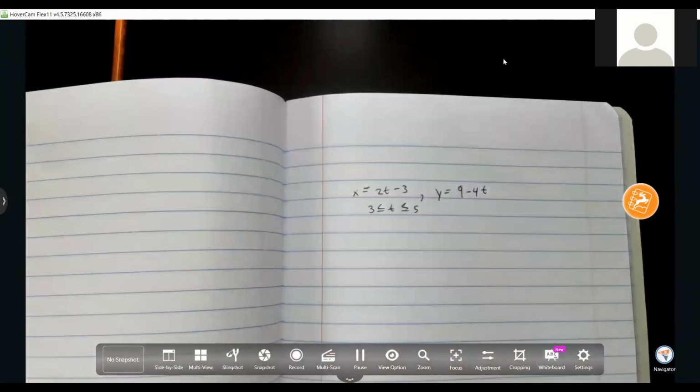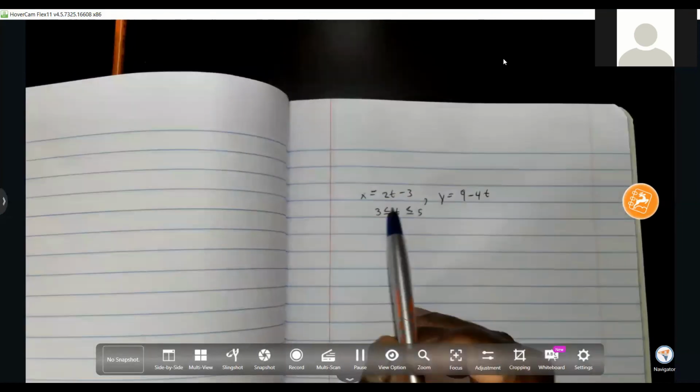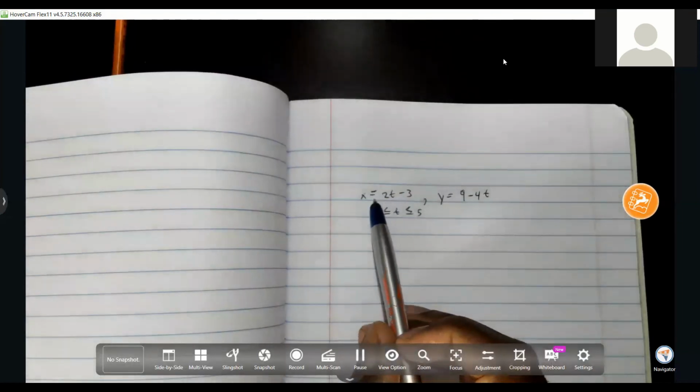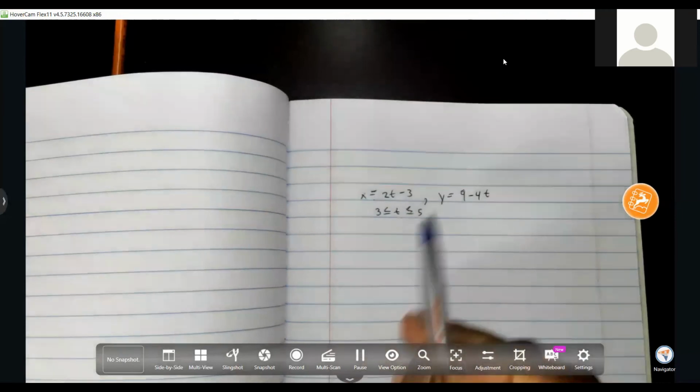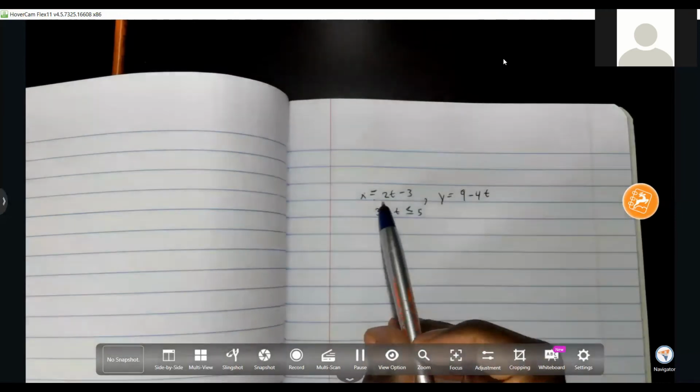They ask: using an algebraic method, eliminate the parameter and identify the graph. Okay, so let's eliminate the parameter first. What we want to do is solve for t in either the first or the second equation. So we basically pick.